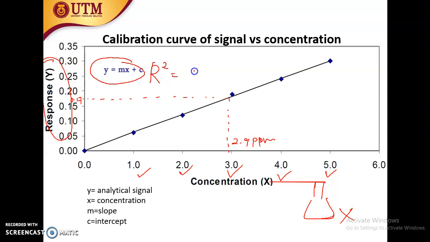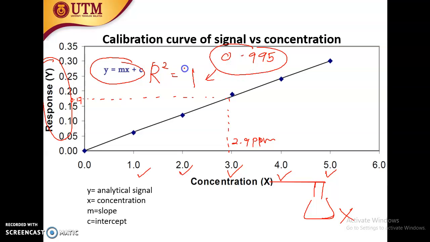Anything moving towards 1 means that's really good. It's really linear. Okay, the one that we usually want in chemical analysis is 0.995. When you get 1, sometimes we don't believe the data because, come on, we have errors in making solutions, right? So anything 0.995 or 0.99678 is okay.